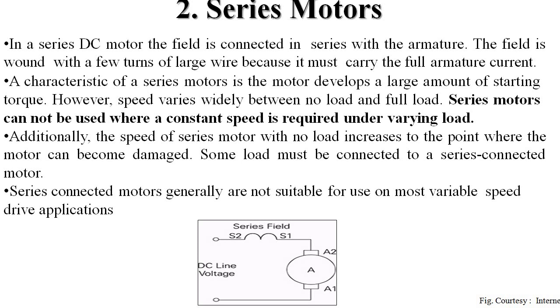That is the disadvantage. Additionally, the speed of the series motor with no load increases to the point where the motor can become damaged. So that's why they are not used where constant speed is required. Some load must be connected to a series connected motor.